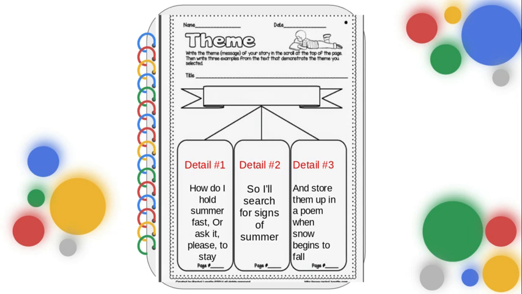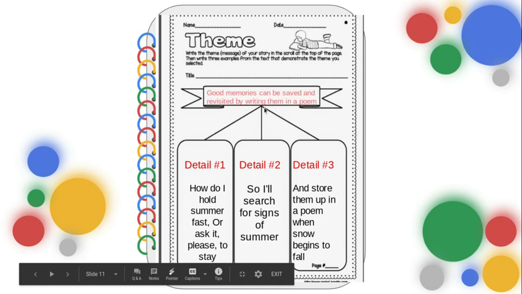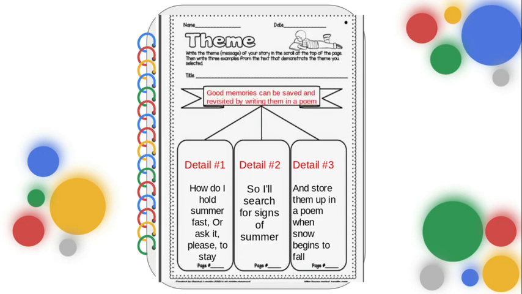So, all of these things tell me that the overall message or lesson that the characters are learning is good memories can be saved and revisited by writing them in a poem. So, saving memories would be our theme for "How Do I Hold the Summer?"